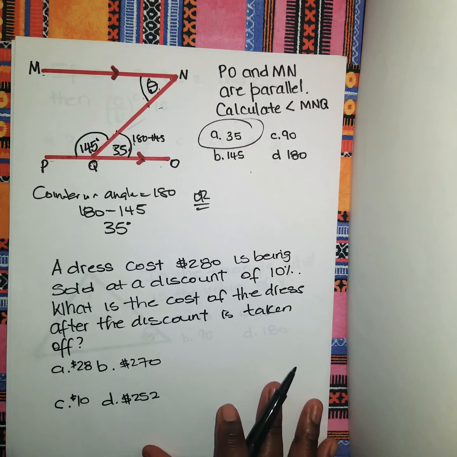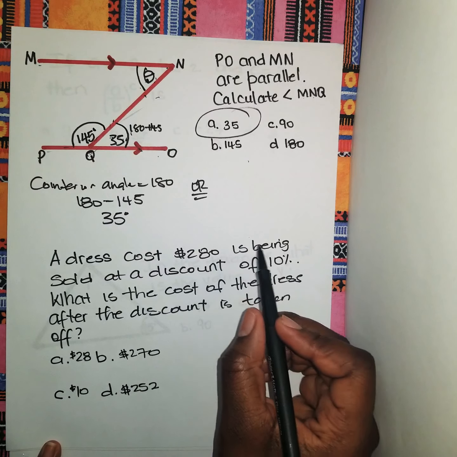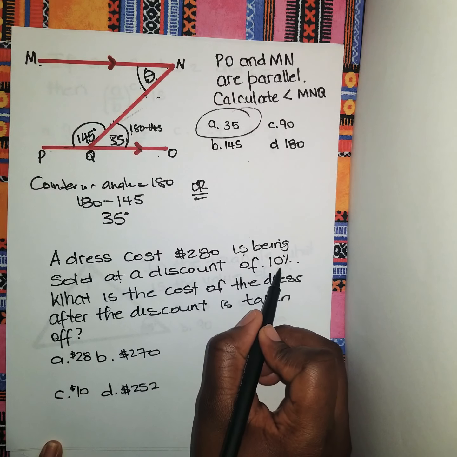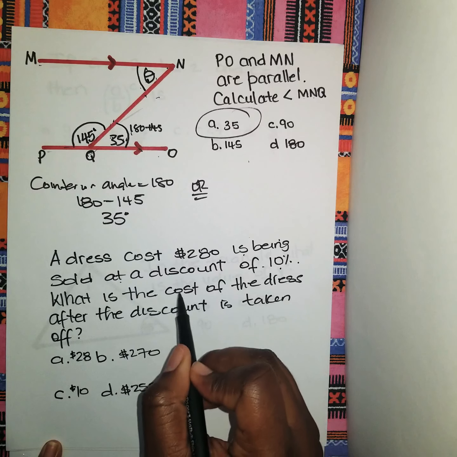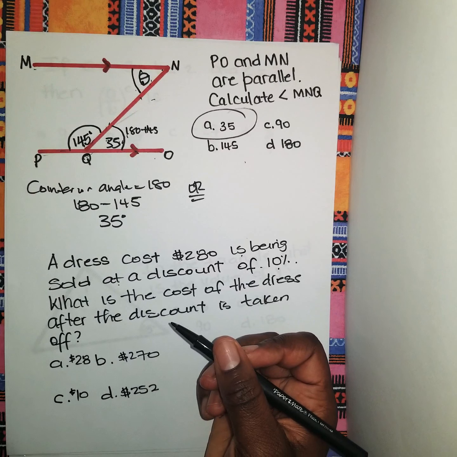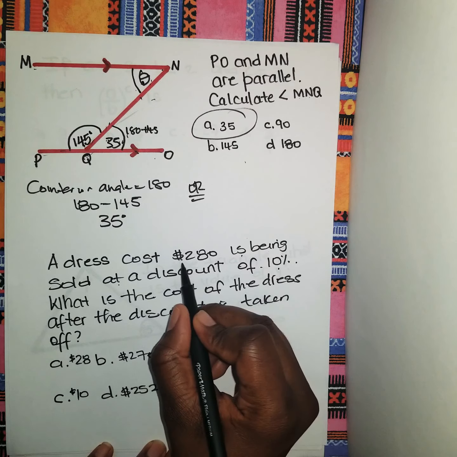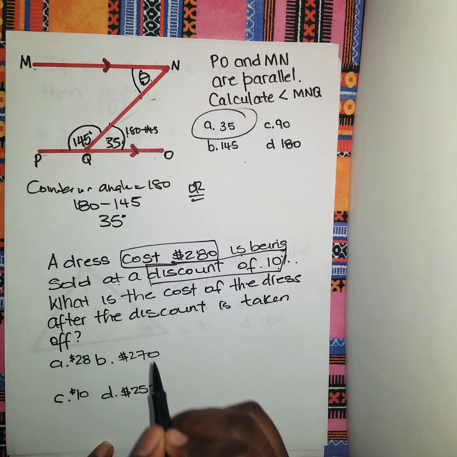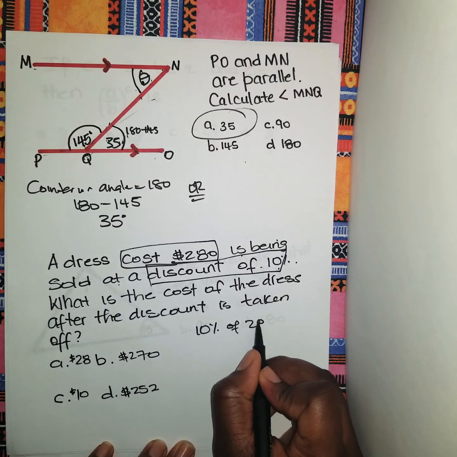Let's move on to this question. It says a dress costs 280 and is being sold at a discount of 10%. What is the cost of the dress after the discount is taken off? So it's basically asking, how much will you pay after the discount of 10%? What we do here is identify the cost price, which is 280, and the discount, which is 10%. So let's find 10% of 280.